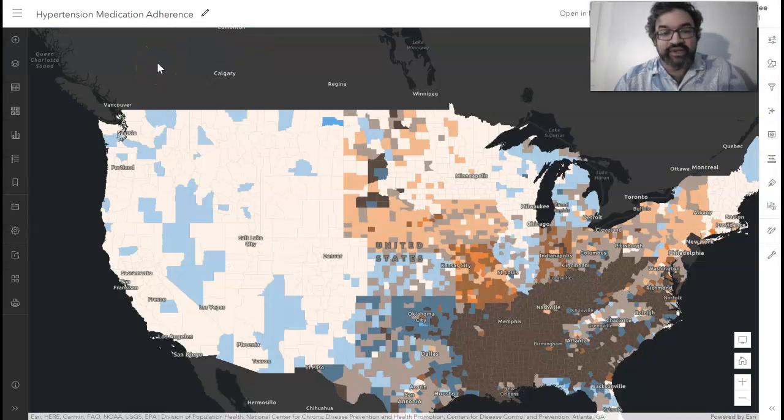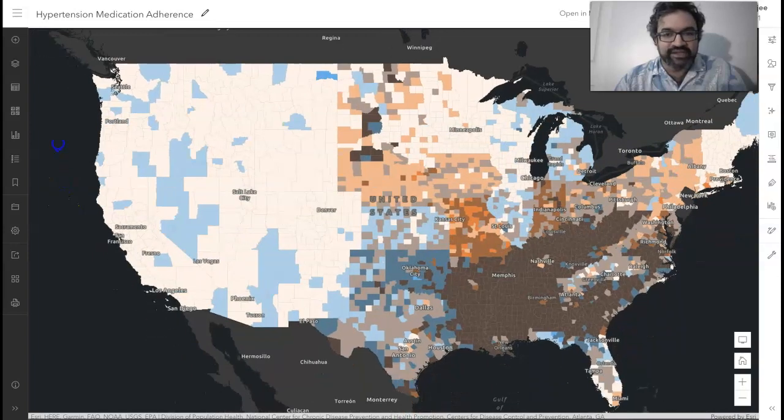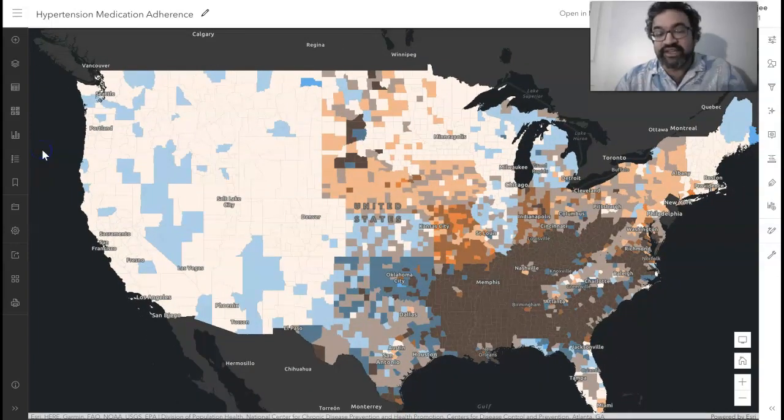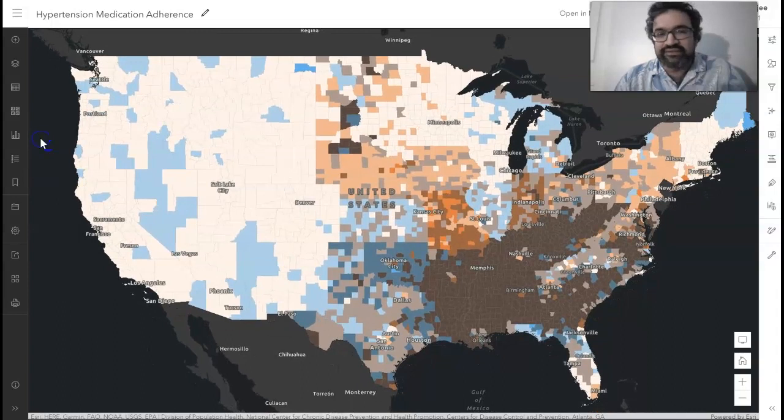Now, coming back to this map that I had initially started off with, and again, this map will be available for you to click on and explore on your own. So this is not the last time you're seeing this map, but the main thing being communicated here is medication adherence for individuals that have high blood pressure, hypertension. And this is being done in a different way than I'm used to portraying these same phenomena.